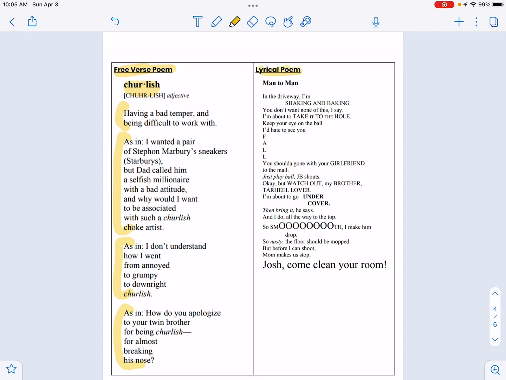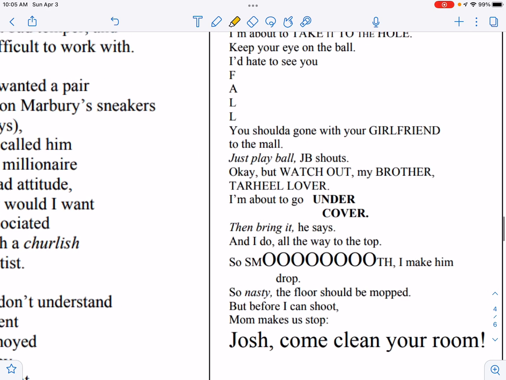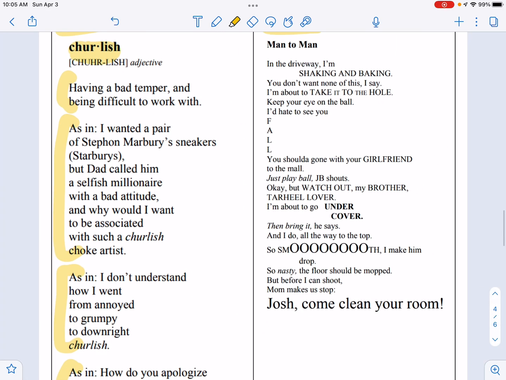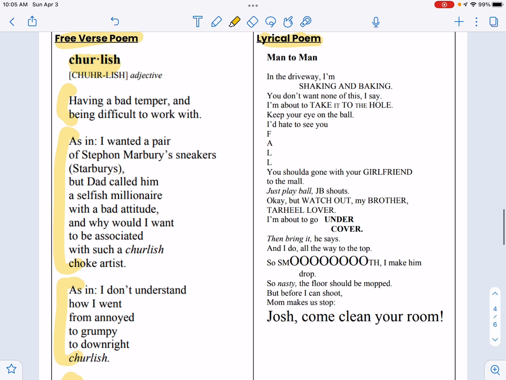Lyrical poems, they tend to rhyme more. They tend to resemble music more. In The Crossover, there weren't really lyrical, song poetry. This one actually is kind of like a concrete poem, but there was a lot of rhyme. So we used this one as an example of a lyrical poem just because of the rhymes that we saw here.